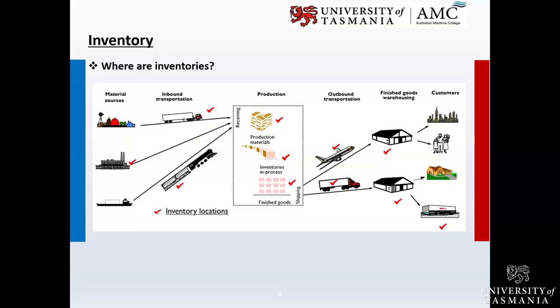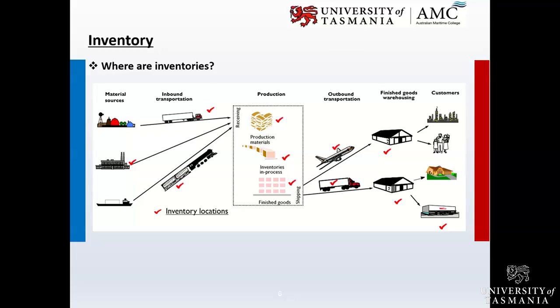The next question, where are inventories? We have studied different types of inventories, and for different types of inventories, they can be kept in different locations. We look at this figure.